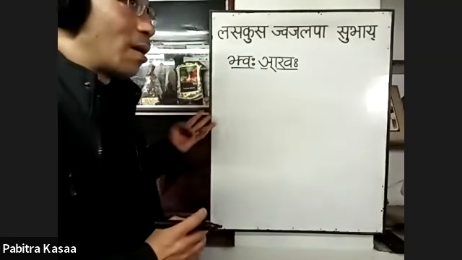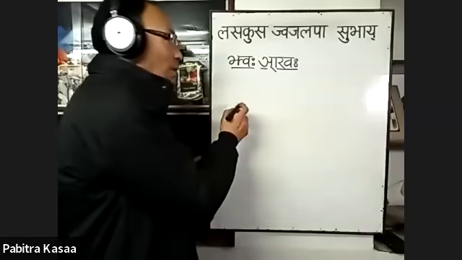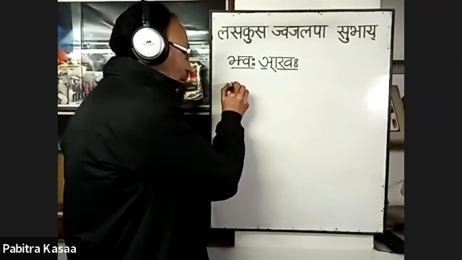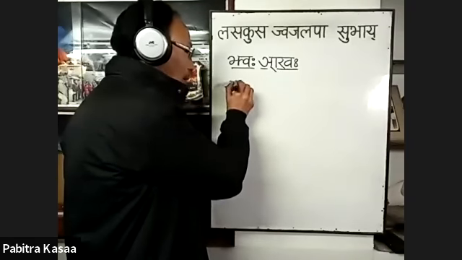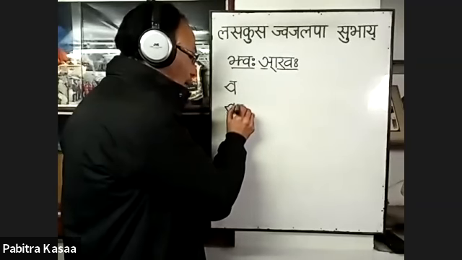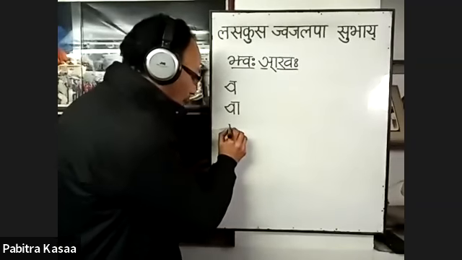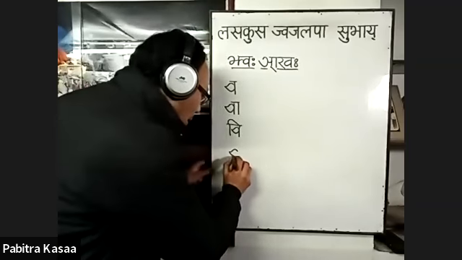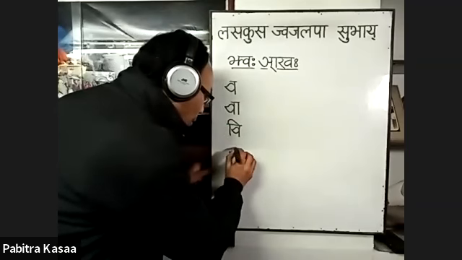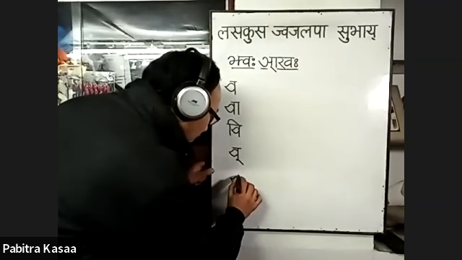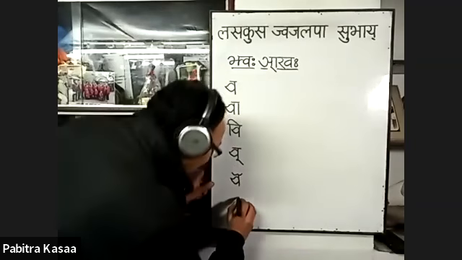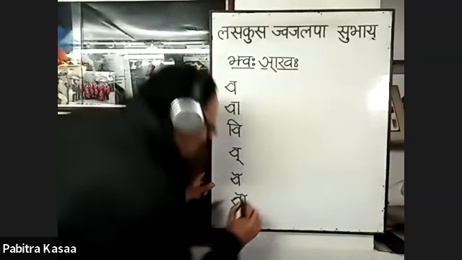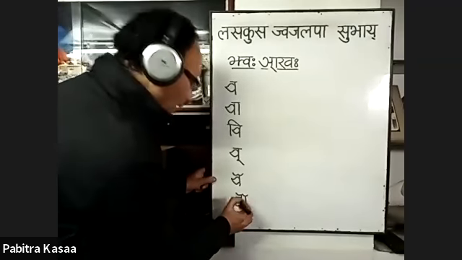Okay, so we have learned ka, kha, ga, gha, and ngo also, and cho. Follow with the sounds: cha, chi, chu. So cha, chi, chu.